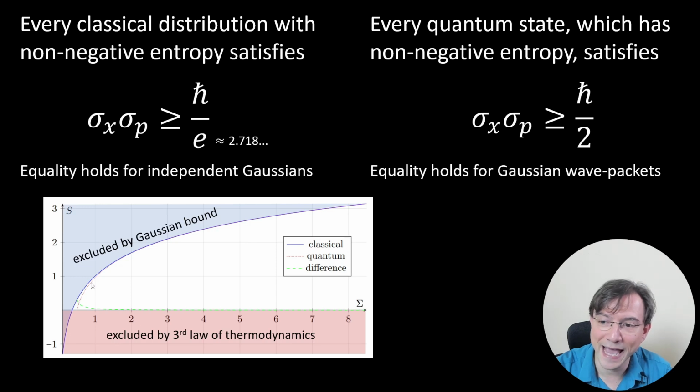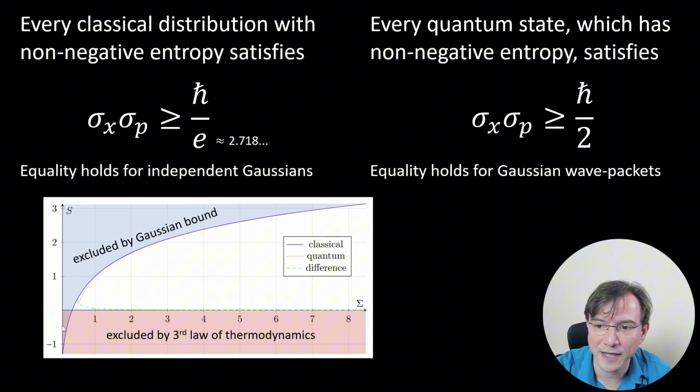So this is the entropy for a Gaussian distribution based on the uncertainty delta x and delta p. So this region is excluded. We're never going to have a distribution that has an entropy that is greater than what a Gaussian has for a particular value of the uncertainty. Underneath, instead, we have the region of distributions that we can potentially have, except that we have to exclude these because of the third law of thermodynamics.